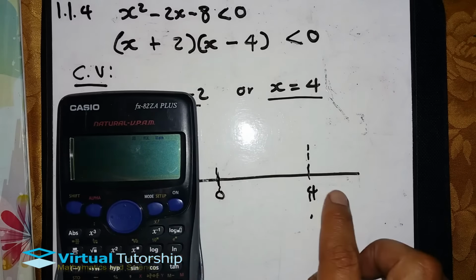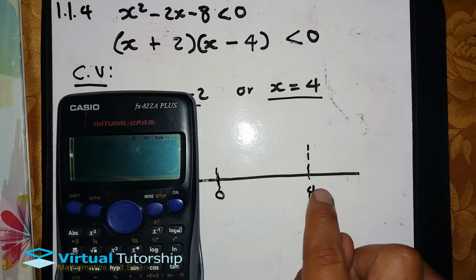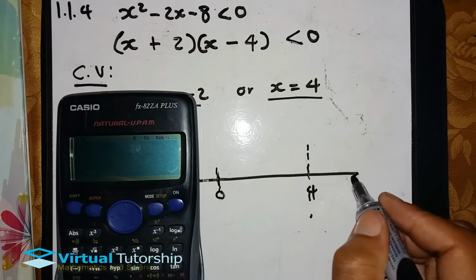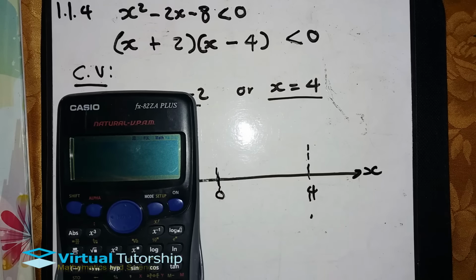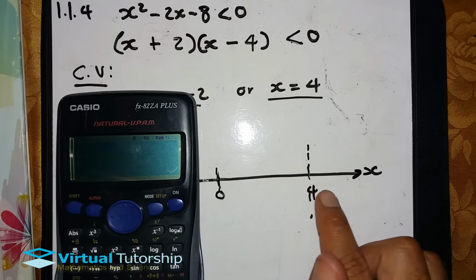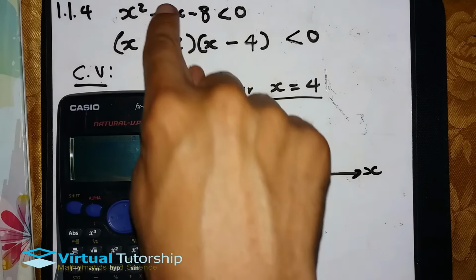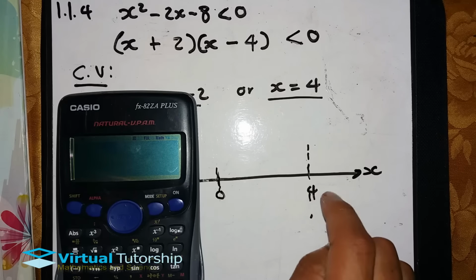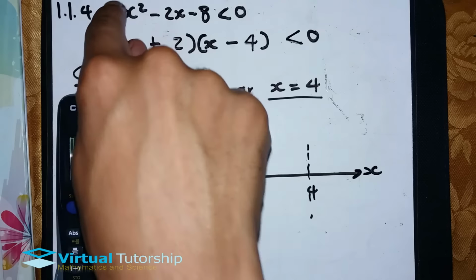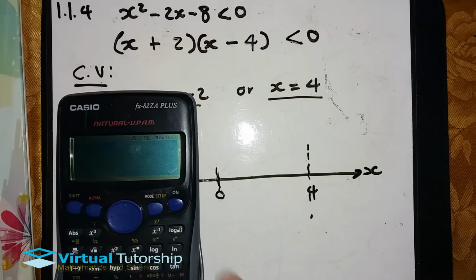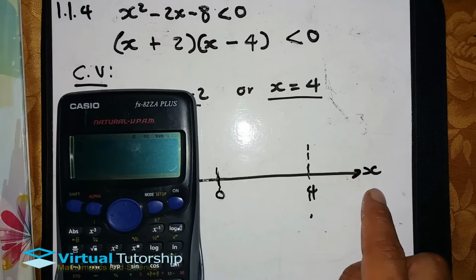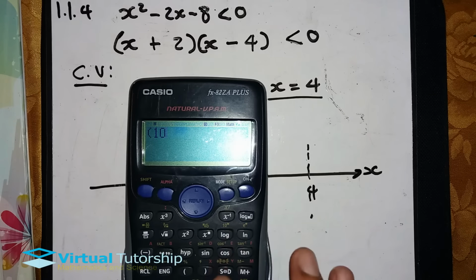Okay, look, I will start by checking a number, I will take an x value greater than 4. Remember this number line is like the x-axis, it represents my x values. So I want x values greater than 4. When I substitute, I want to see what sign it gives me. So let's say my x is 10, I substitute into the original equation again.